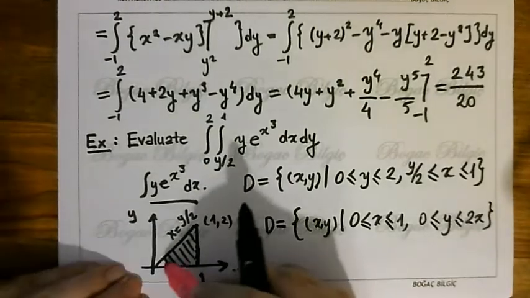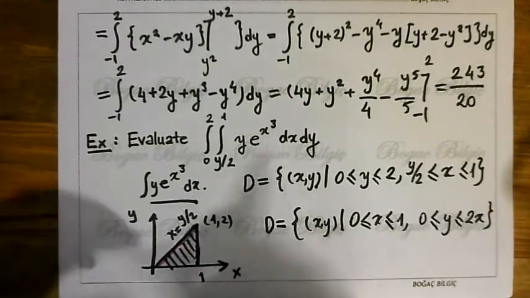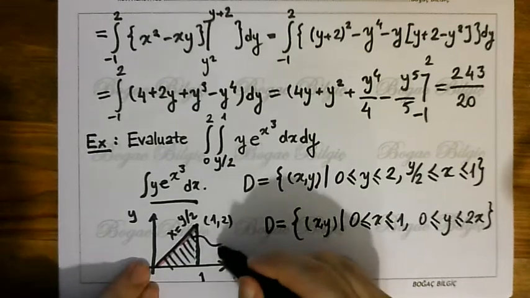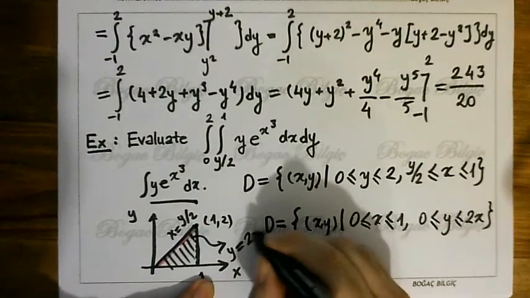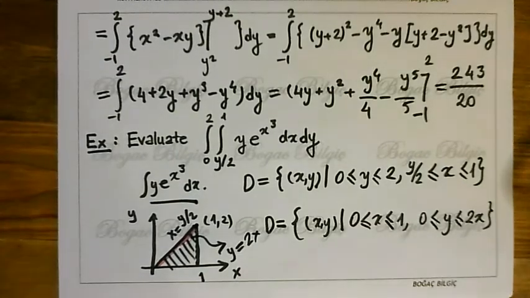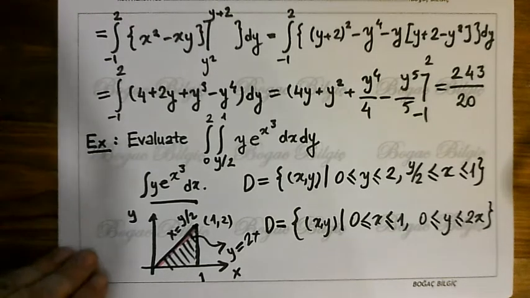This line is y equals 2x. And this enables us to express the double integral as an iterated integral in the reverse order.